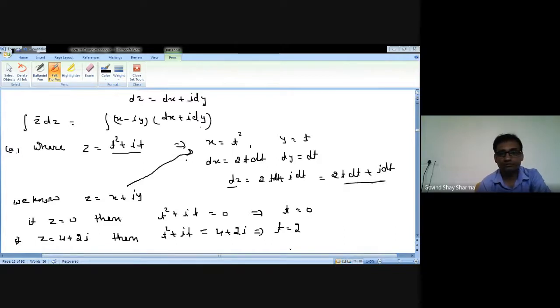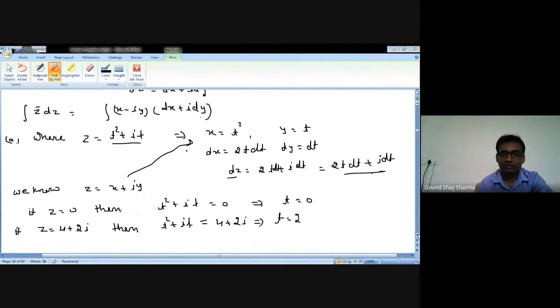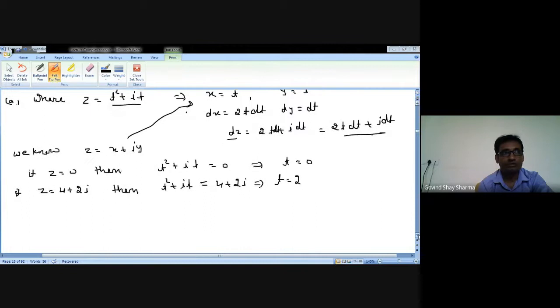Now we put the value of z bar. The integral of z bar dz is from t equal to 0 to 2.